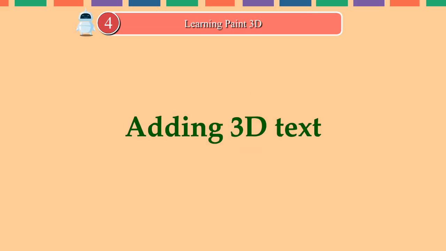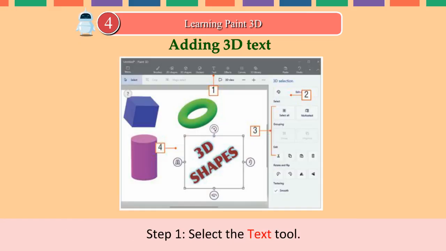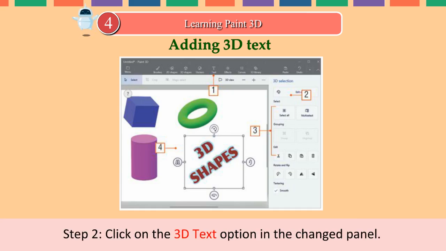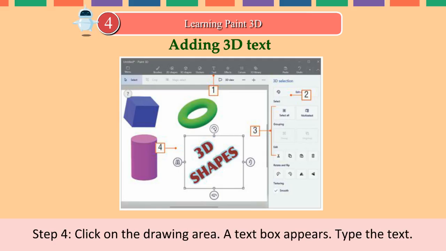Adding 3D text. To add 3D text to your drawing, follow the given steps. Step 1. Select the text tool. Step 2. Click on the 3D text option in the changed panel. Step 3. Choose your preferred font, font size, color, style and alignment. Step 4.